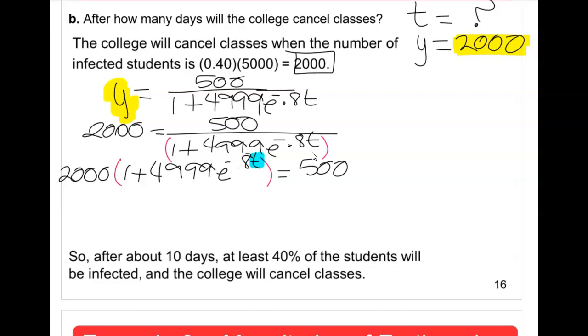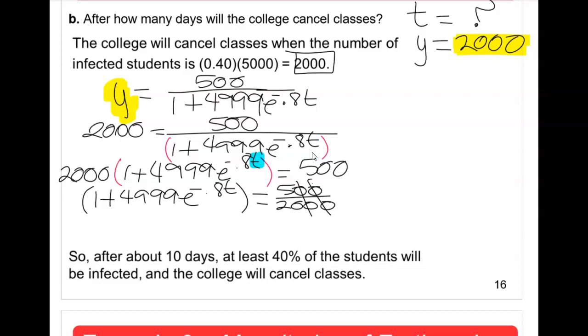So the first thing that makes sense to do is to divide by 2,000 on both sides. So you already know it will cancel on the right side. On the left side, I should say. And so on this side, we will have 500 over 2,000. I could divide by 100, so it will be 5 over 20.